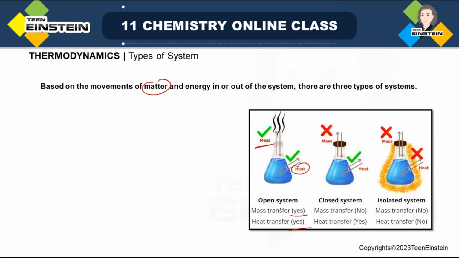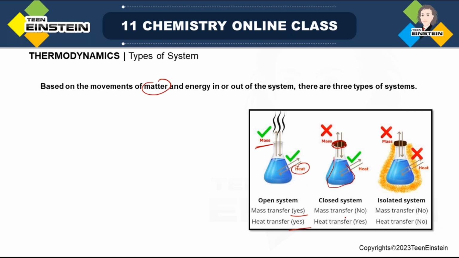Now the next system, now we have closed it. But see, the beaker is made of glass, so through glass heat can be exchanged, you cannot restrict that. But as you have closed it, no matter exchange is possible with the surroundings.